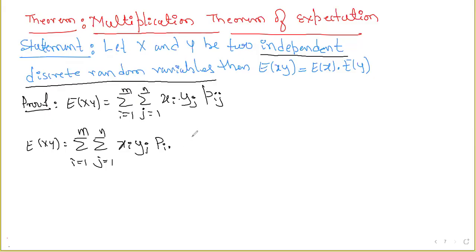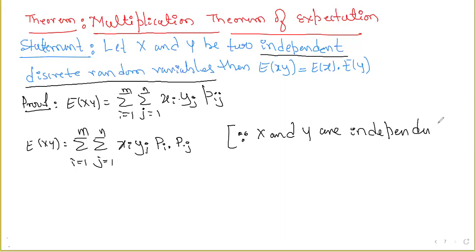Pi dot means individual probability, p dot j. Why? Because x and y are independent, right?